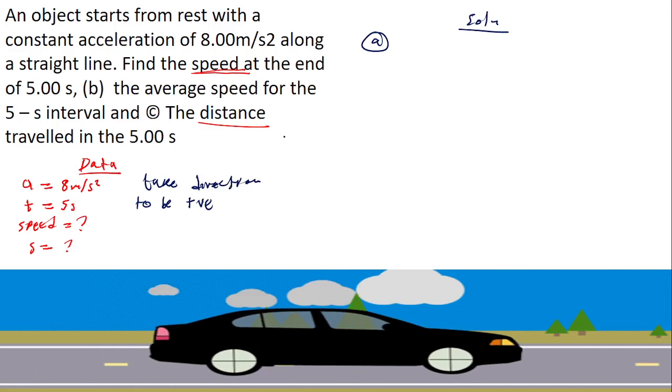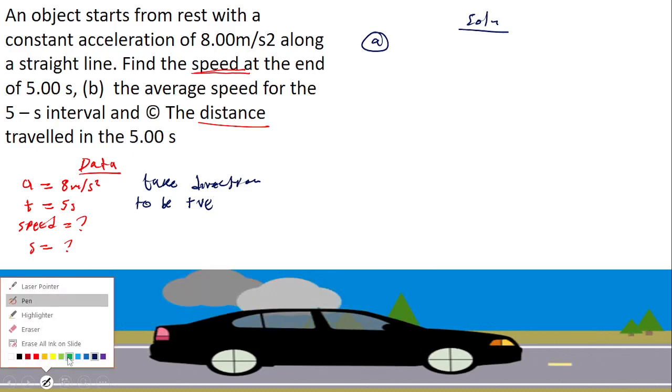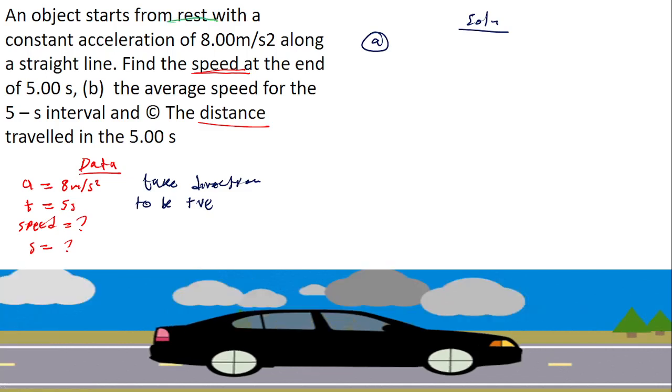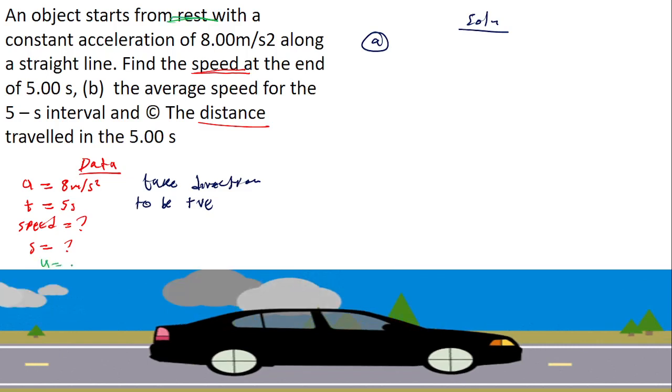the initial velocity. Since this object is starting from rest, that simply means that the initial velocity is simply what? 0 meters per second.